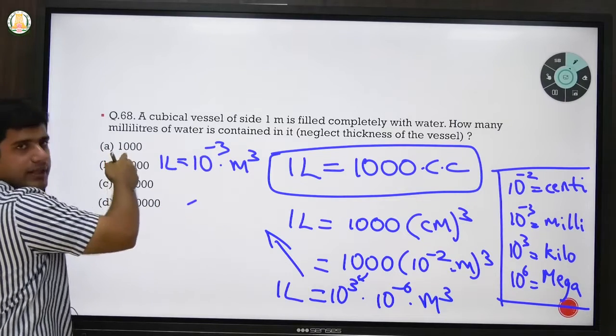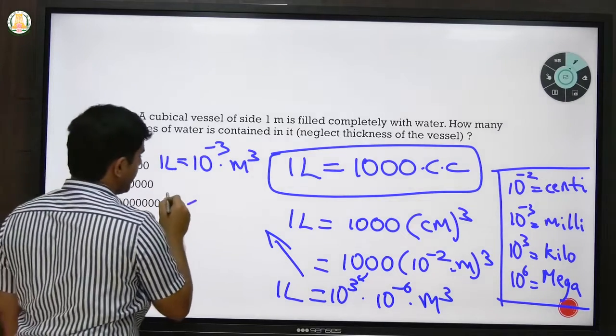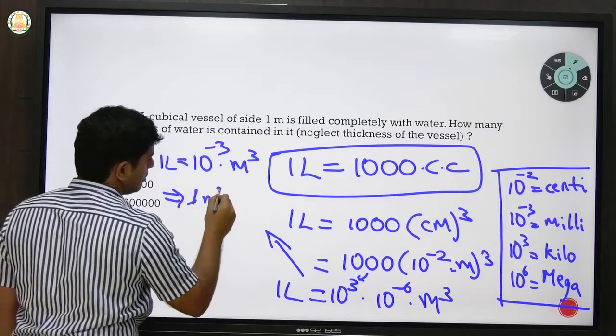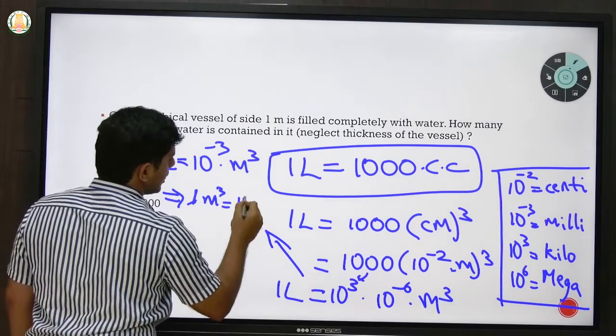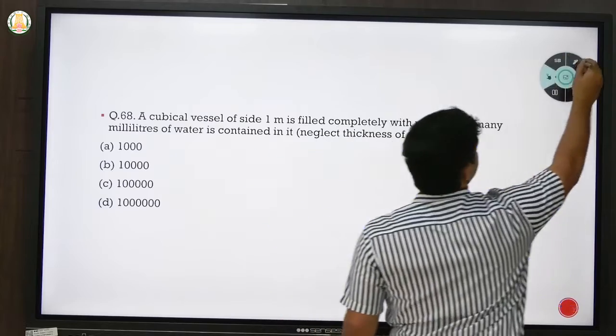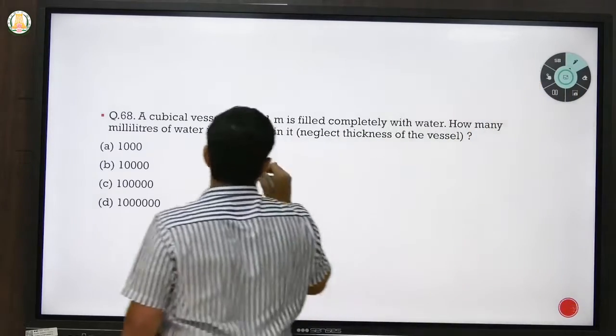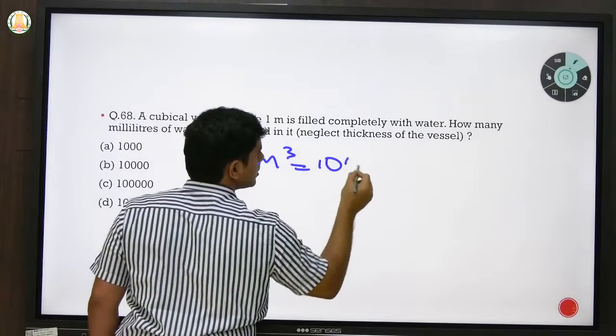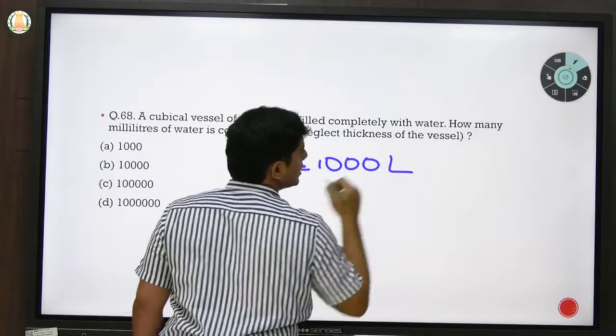So 1000 you are taking to this side. So 1 meter cube will be 10 cube into liters. So 1 meter cube is equal to 1000 liters.